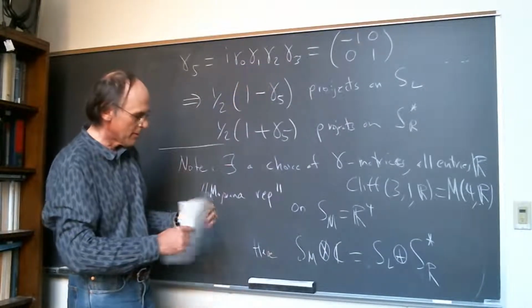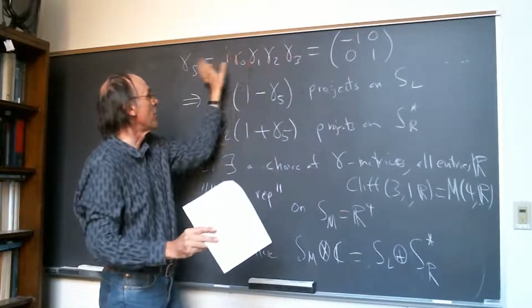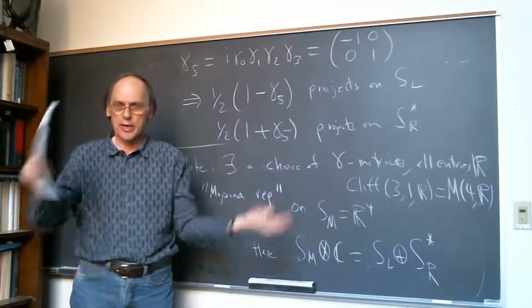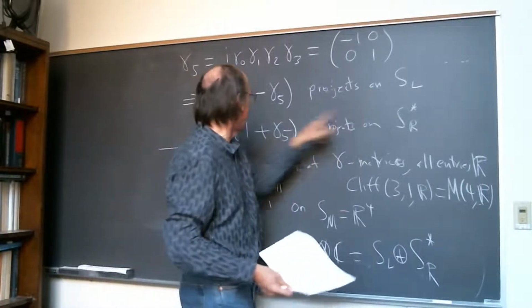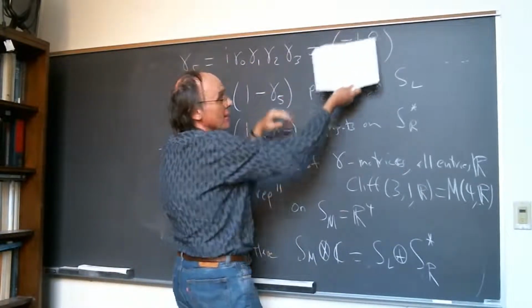If somebody gives you some other version of the gamma matrices which satisfy the same relations but are in a completely different basis, then one way of saying what I want to find is: whatever this guy is, I want to diagonalize him.